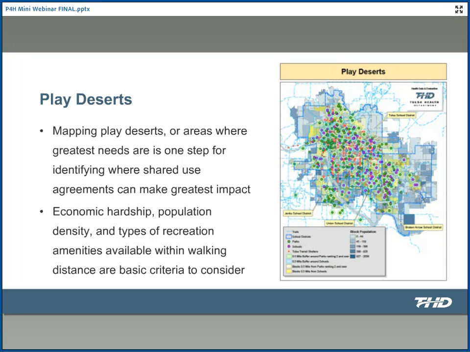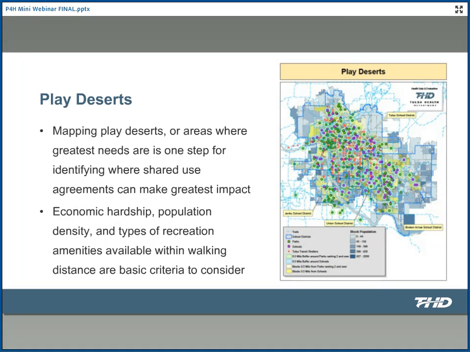And also, of course, you can do play desert mapping based on types of amenity for certain age groups. Some do it for types of amenities for risky play for teenagers. So there's all kinds of levels and refinement with play desert mapping that you can do. But these that we have listed here are just basic criteria.